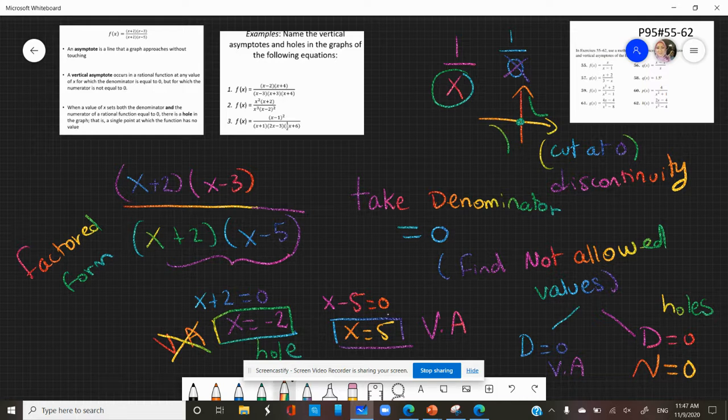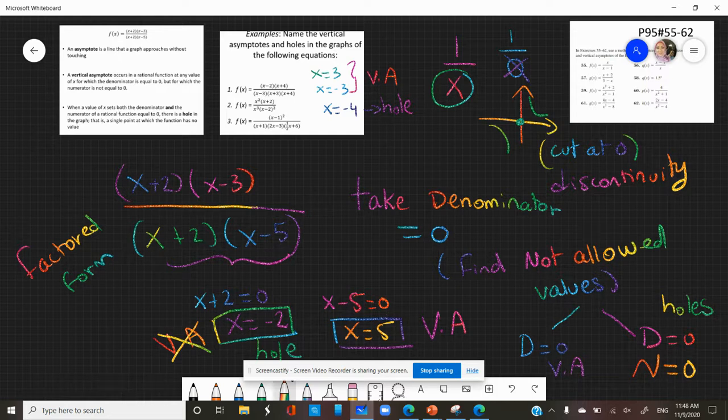For number 1, I look at the denominator and equal it to 0. Nicely in factored form, x is 3, x is negative 3, x is negative 4. Those are the zeros of the denominator. If I plug them into the numerator, only the last one makes the numerator also equal to 0. So the last one is a hole, and those two are vertical asymptotes.